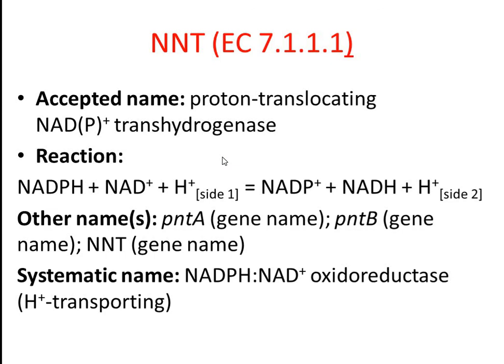The systematic name for this enzyme is NADPH:NAD oxidoreductase, proton-transporting. This enzyme catalyzes the transfer of proton from one side of a membrane to the other side using the equivalence of a NADPH.